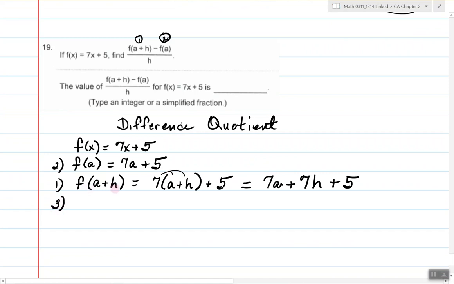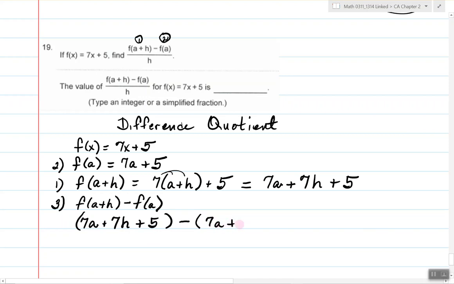And it says f of a plus h minus f of a. All right, that will be 7a plus 7h plus 5, that's f of a plus h, minus, parentheses, 7a plus 5.